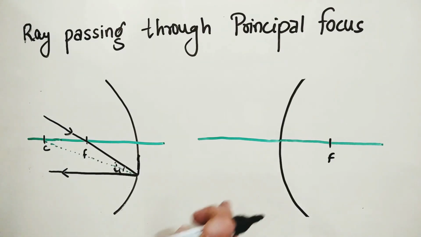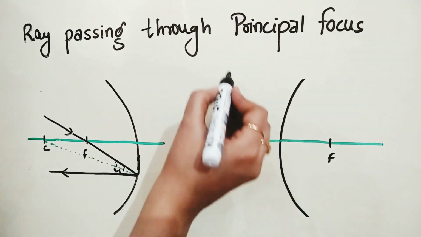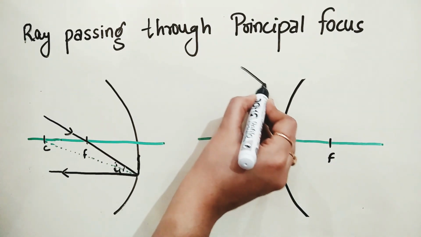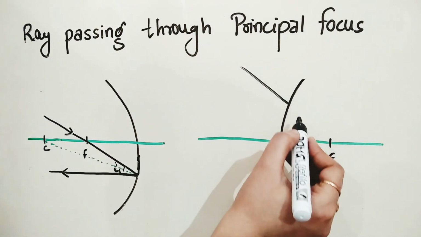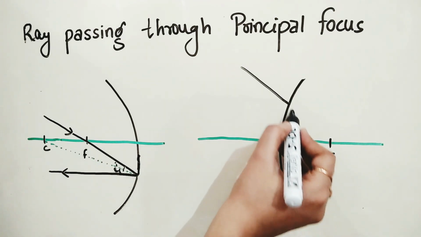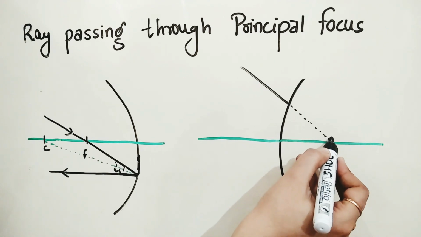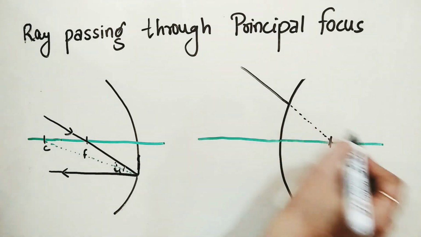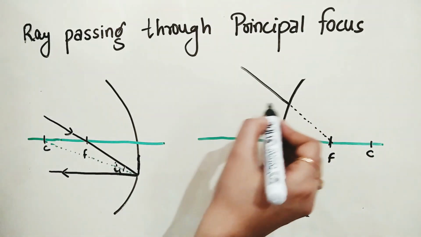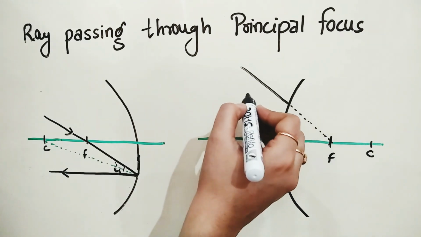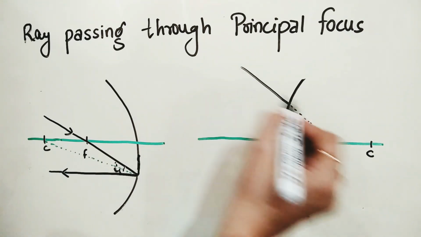Now in case of convex, this is the focus. Now this ray is passing through focus, meaning we have to draw this kind of a diagram here, extending towards the focus. And one more thing, the normal is passing through the center of curvature. If this is the center of curvature, then I have to draw the normal like this.